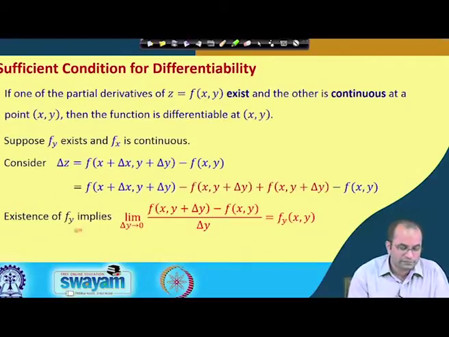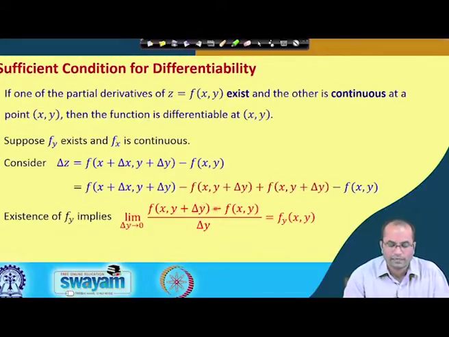The existence of f_y implies that this limit exists, where this is the partial derivative with respect to y. That means f(x, y plus delta y), we make an increment in y, minus the function value at that point, divided by this increment delta y, and taking the limit as delta y goes to 0, this exists. That is the meaning of the existence of f_y, and this is equal to f_y.